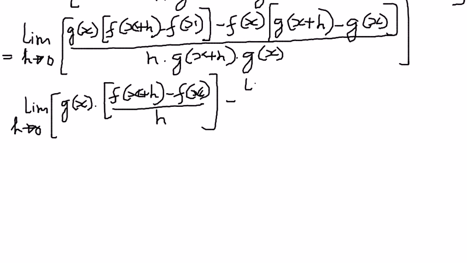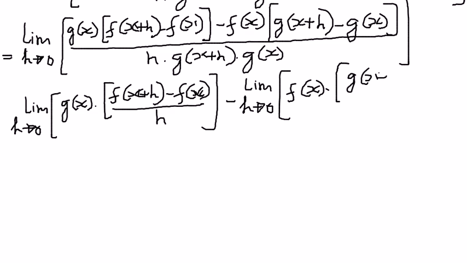minus limit as h approaches 0. Then I can write this one as f of x times, open brackets, g of x plus h minus g of x, this whole thing divided by h.